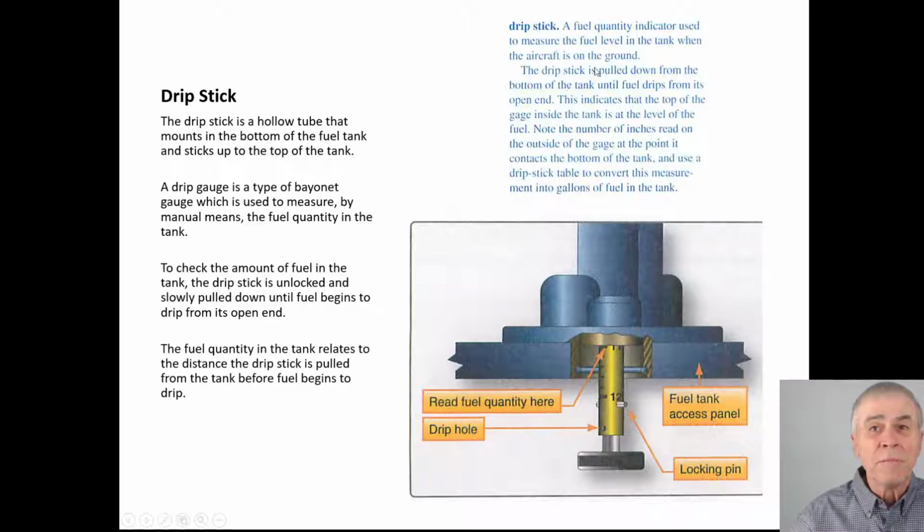You basically pull it down until fuel drips on your hand, note the number of inches read on the outside and then use a conversion table. Yes, that's always a nice little project to give to students in general.